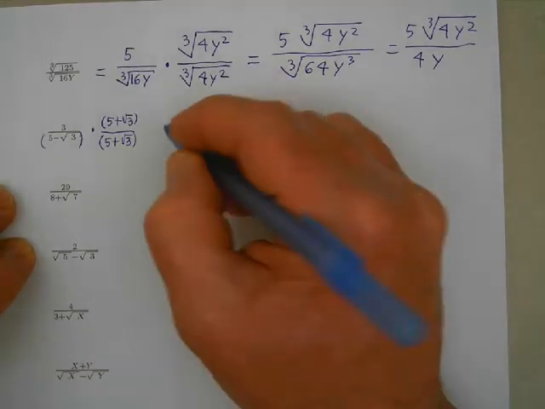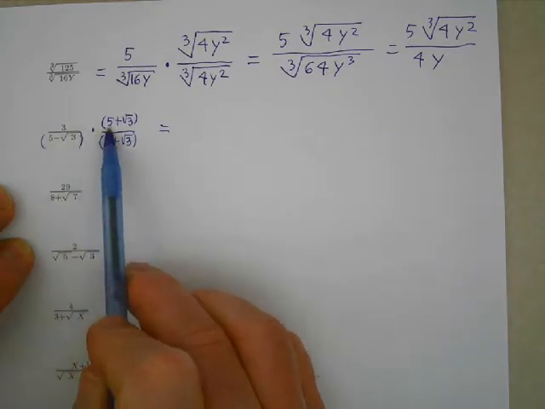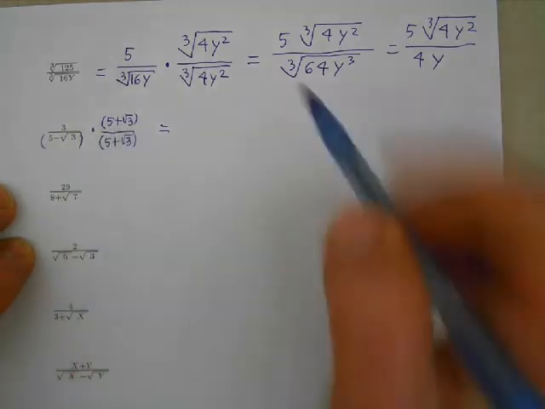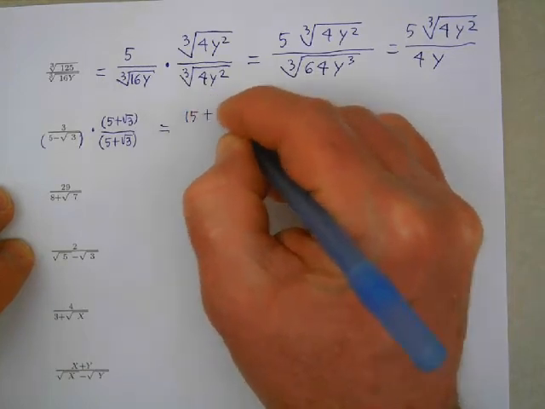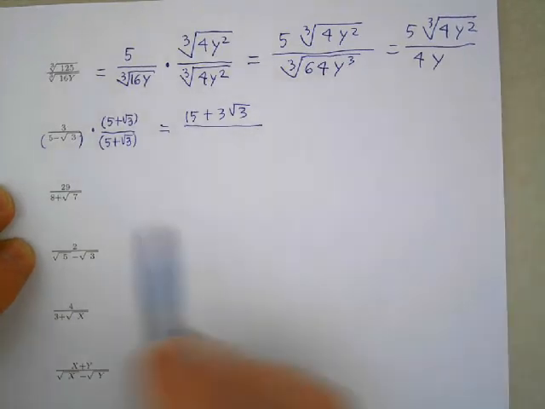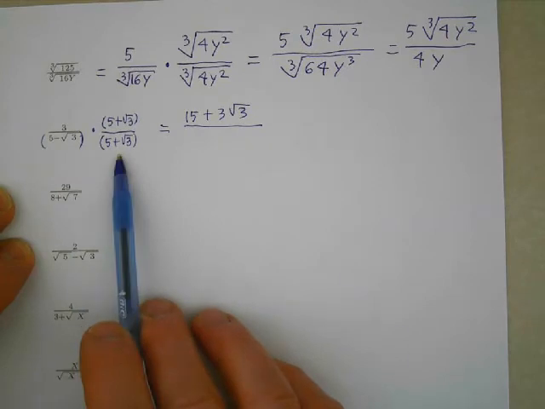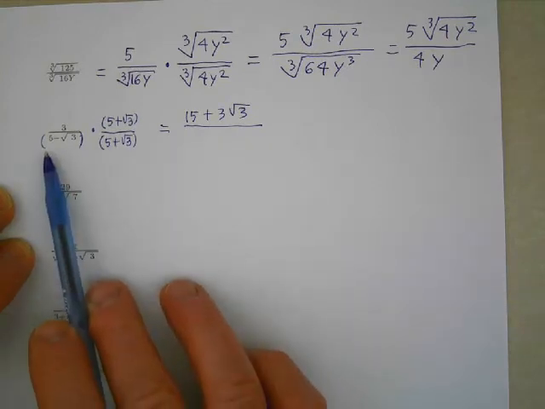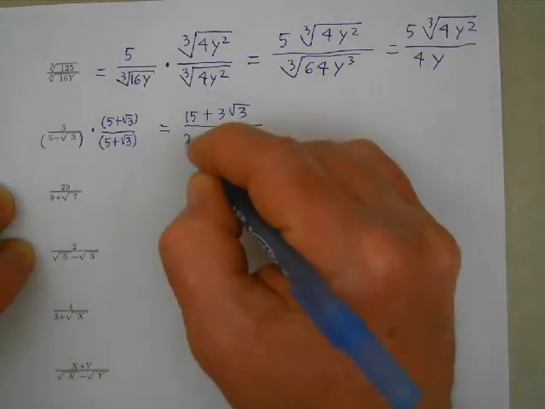In the numerator, we'll multiply 3 times the quantity, 5 plus the square root of 3, and we get 15 plus 3 times the square root of 3. In the denominator, we multiply those two expressions the same way that we would multiply binomials. 5 times 5 is 25.